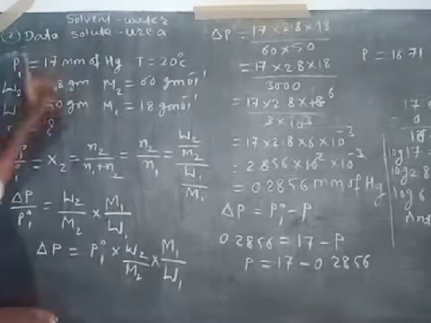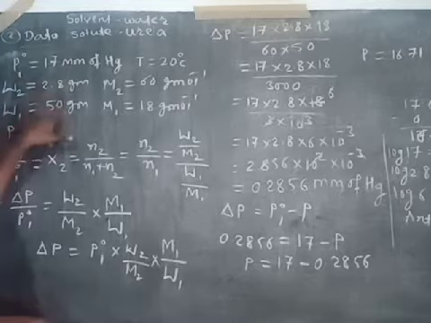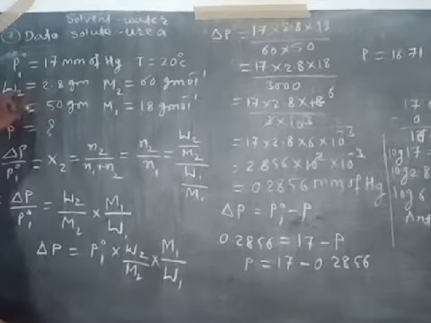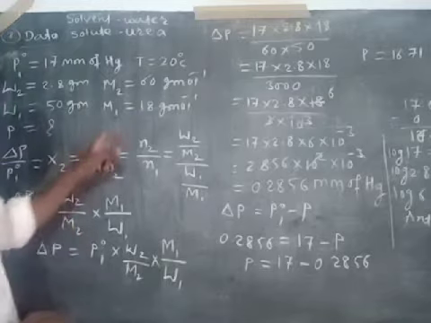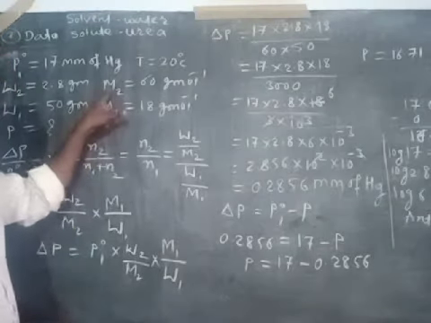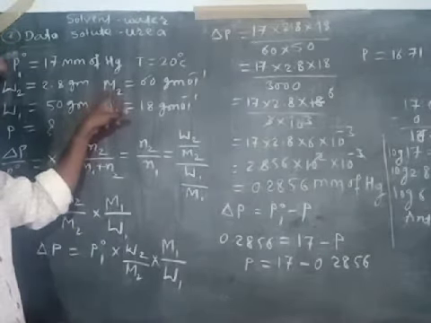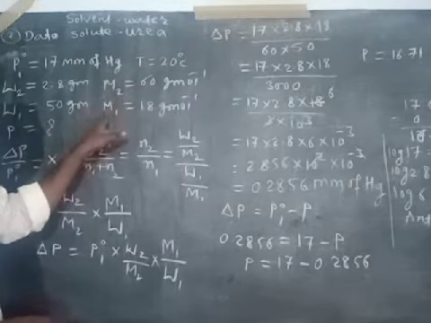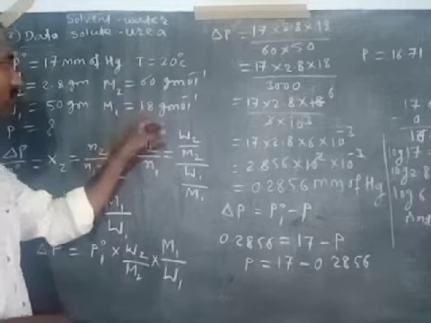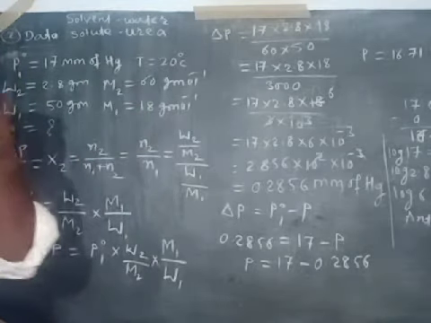The mass of urea is 2.8, which is dissolved in 50 gram of water. The mass of urea is represented by W2 and the mass of water by W1, having values 2.8 and 50 respectively. The molar mass is also taken. M2, the molar mass of urea, is 60 from its molecular formula, and the molar mass of water is 18.